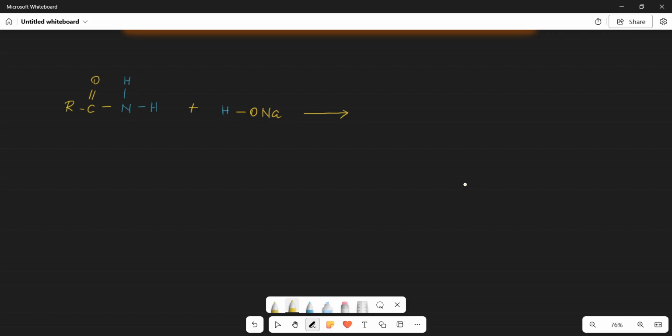So now I'll get RC double bond O, ONa. So this is sodium carboxylate. This is a simple amide, it's not substituted. This is the alkali.